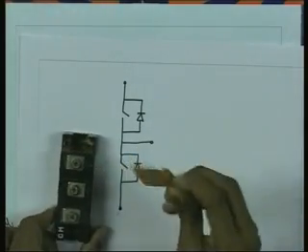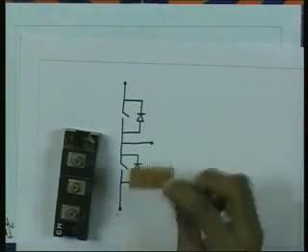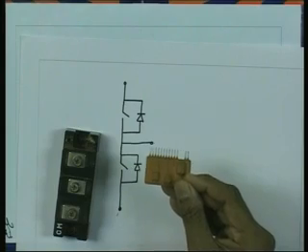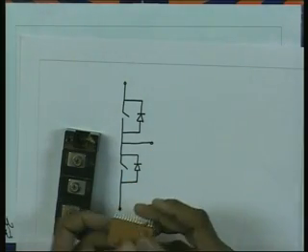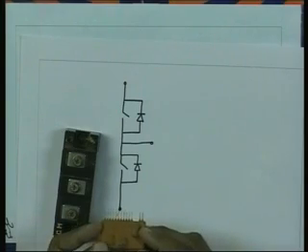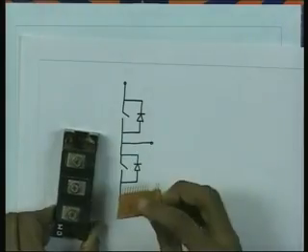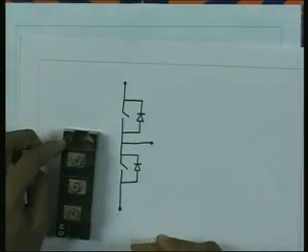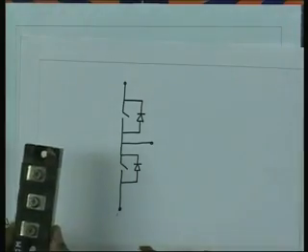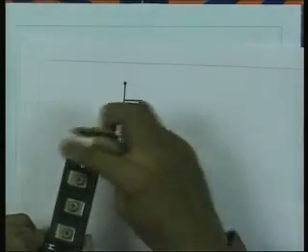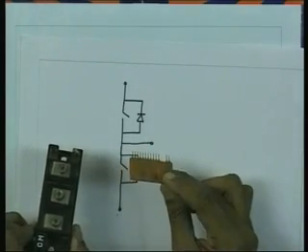Here is a dedicated chip, all the components are inside, and various pins have been brought out. Outputs can be directly connected to these two pins, and you can operate one such device. To operate both of them, you require two such dedicated chips.